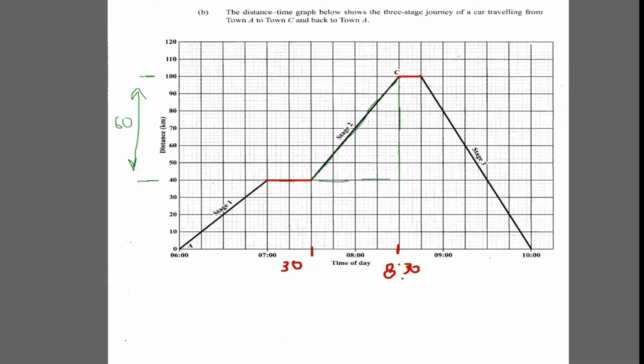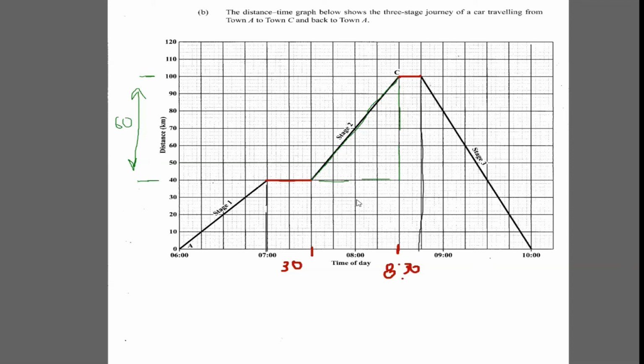Now, I want to point out that it covered 40 kilometers up to here. So in the first hour, it covered 40 kilometers. Then to here, it covered another 60 kilometers. And then going back down, it covered 100 kilometers. All right.